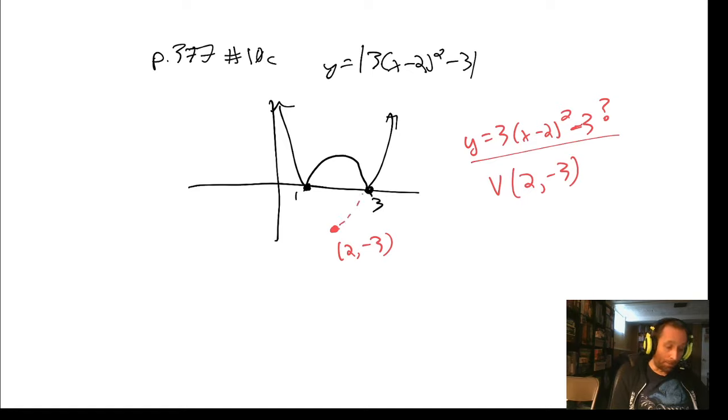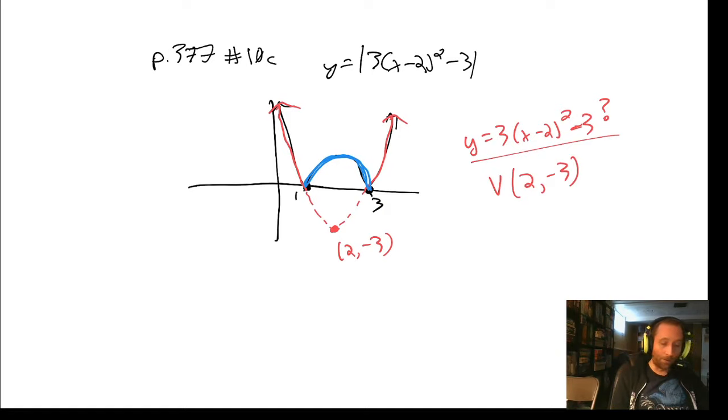What that means is that our original quadratic was this. And then the absolute value sign took the part with the dashed dots and it reflected it like this.